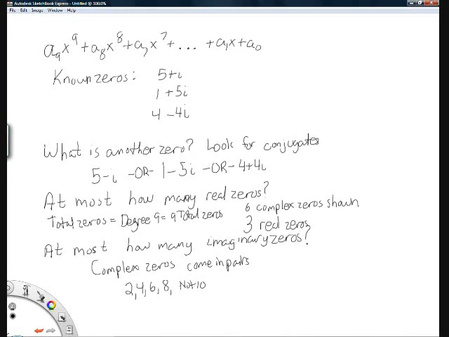So ask yourself, why not 10? Well, there are a total of 9 zeros, so therefore the most complex or most imaginary is the highest even power, which is 8.